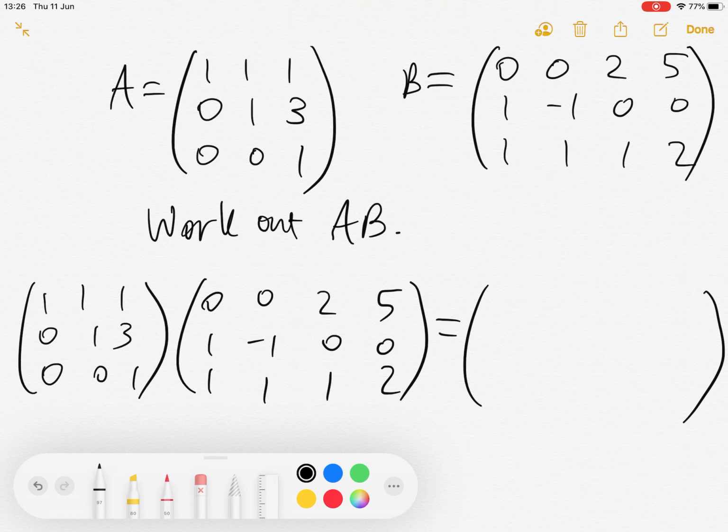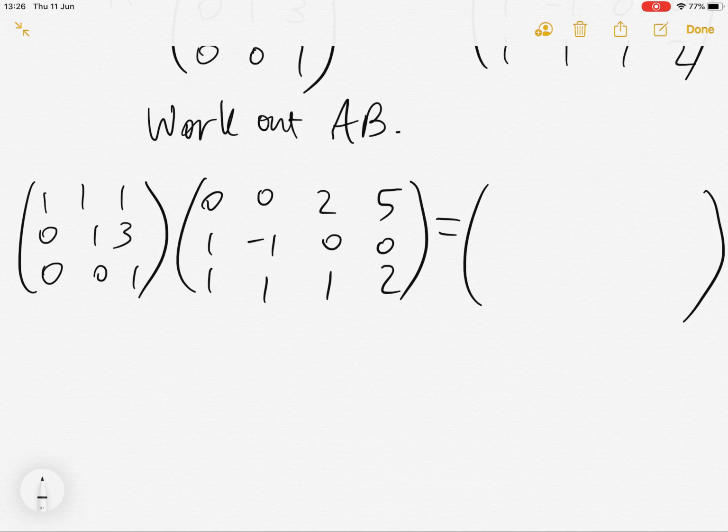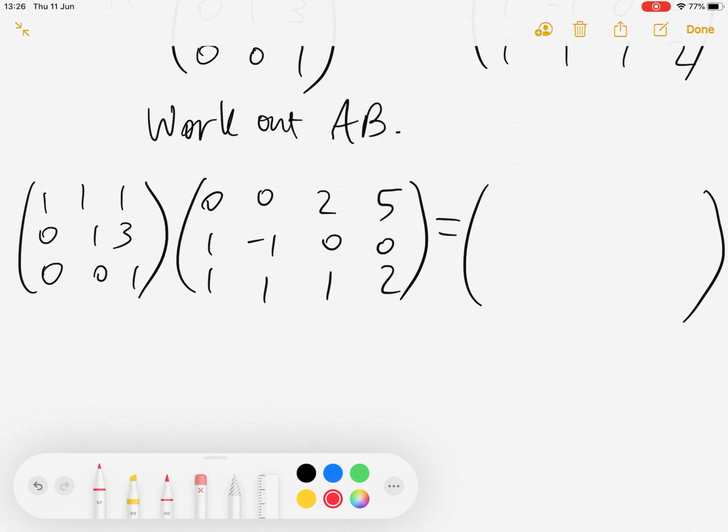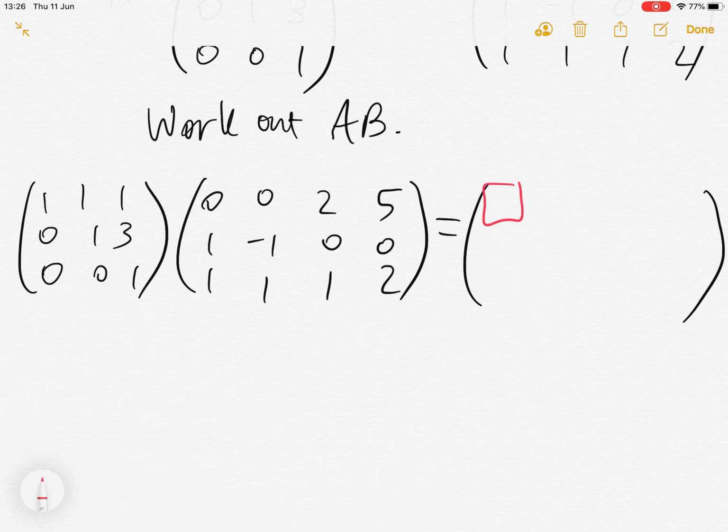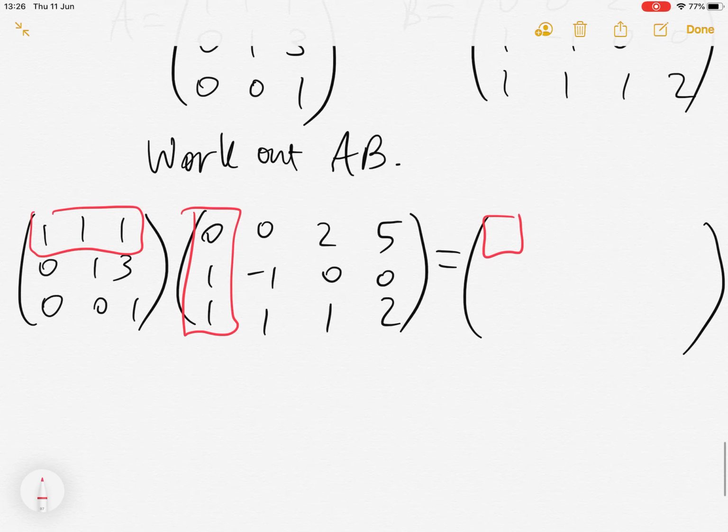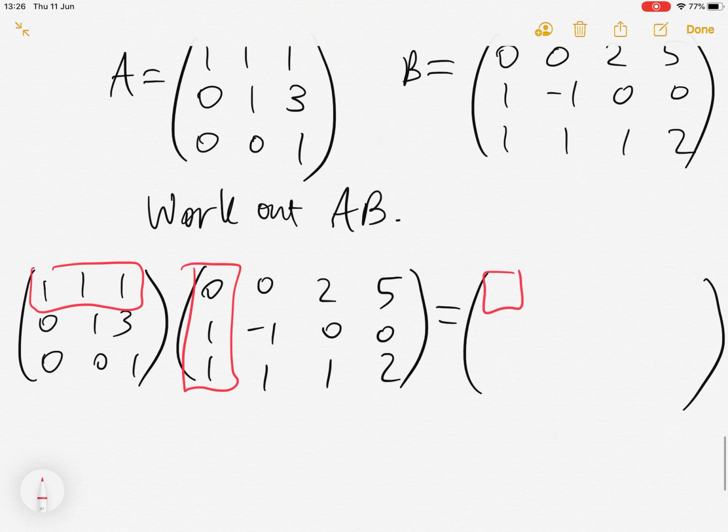So to get the first entry, whatever goes in the top left of the answer, is in the first row and the first column. So we take the first row and the first column, we do 1 times 0, plus 1 times 1, plus 1 times 1. This times this, plus this times this, plus this times this. And we get 2.